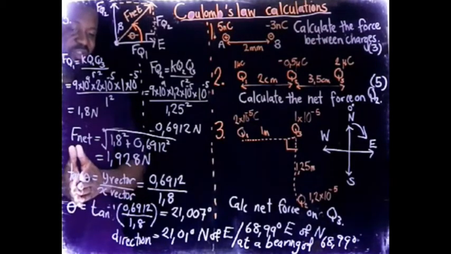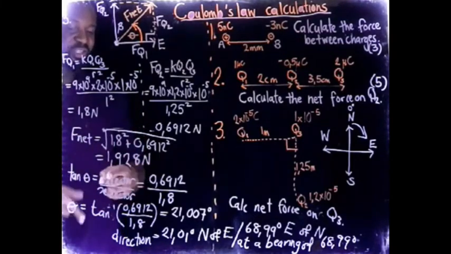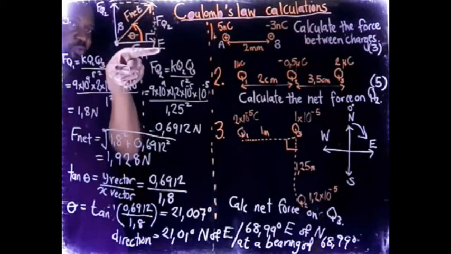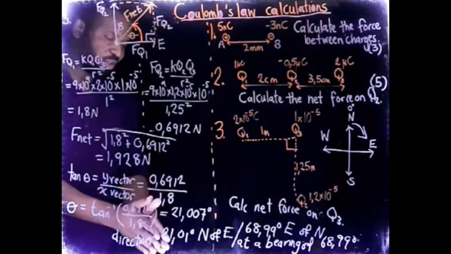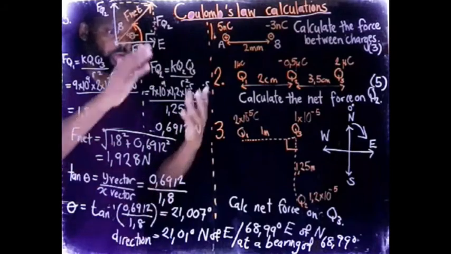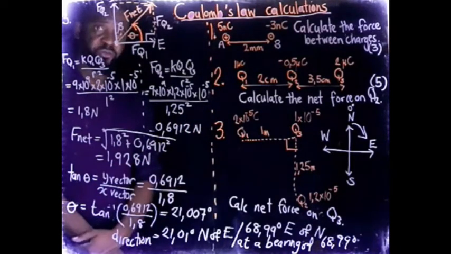Remember what I said? The tan theta is y vector over x vector, provided the angle of interest theta is here between the horizontal and the vector. Always you can use that. Once you get the angle, convert it into a direction. Now you can do these three calculations. You're sorted. All the other calculations are variations of this.